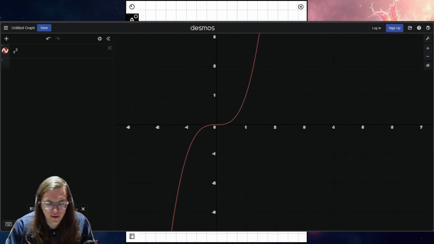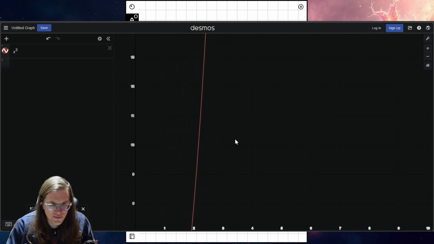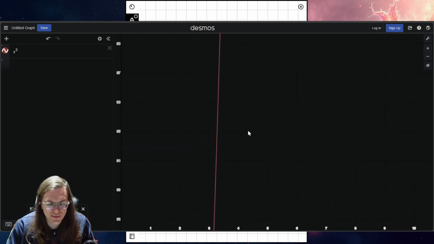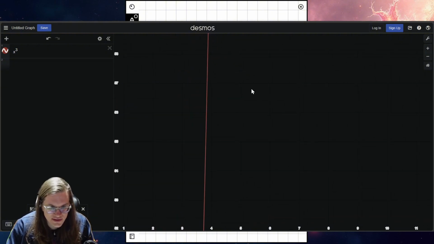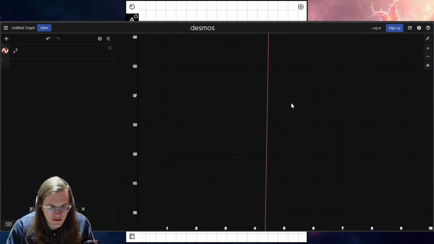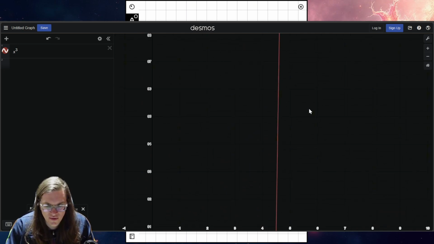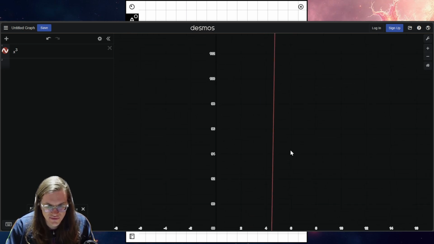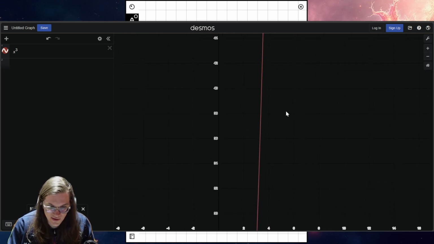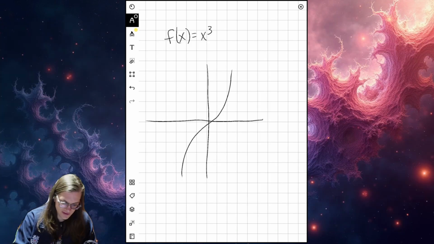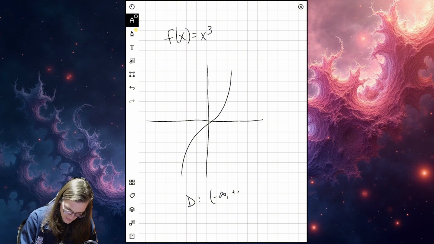And then up here, it's symmetric over the origin, so it also goes to positive infinity in the y direction, but it's growing in the x direction, as you can see. So it also continues in the x direction to positive infinity. So the domain and range for x cubed, our cubic function, is going to be all real numbers as well.